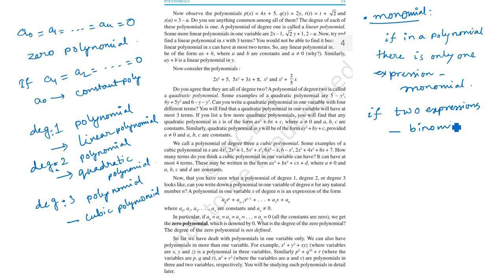For example, px equals x minus 1 is a binomial. Px equals x or x cube is a monomial.